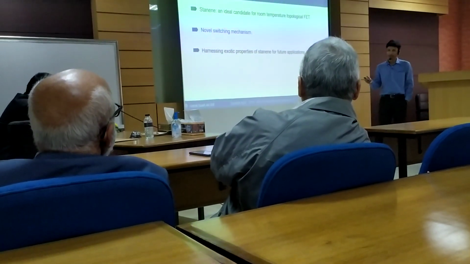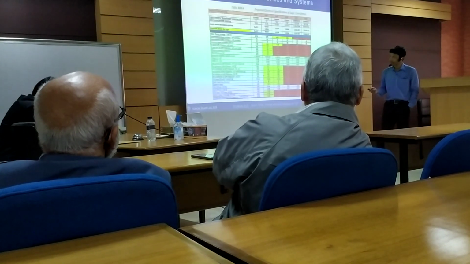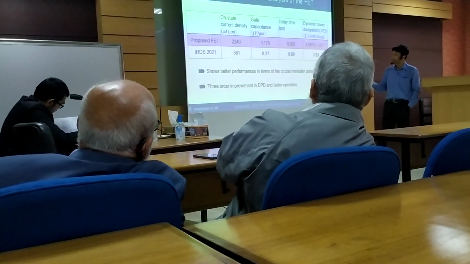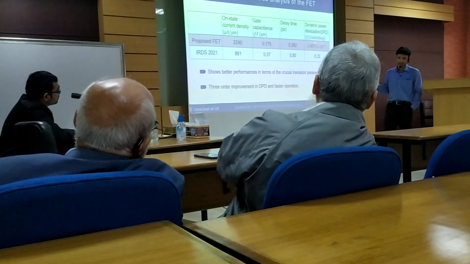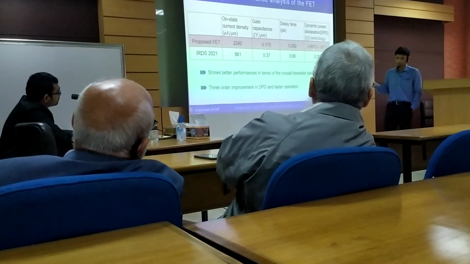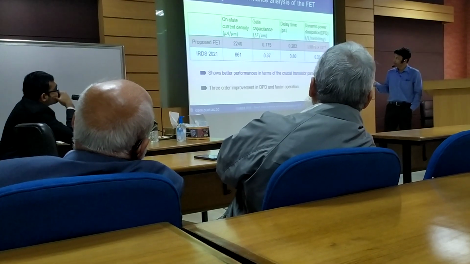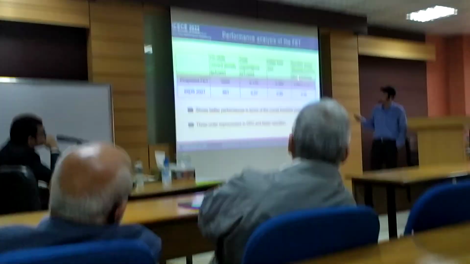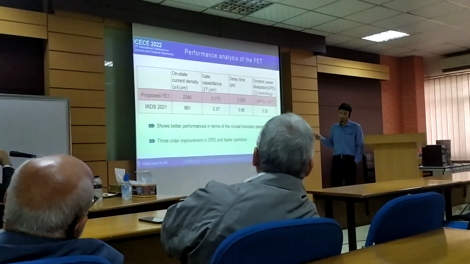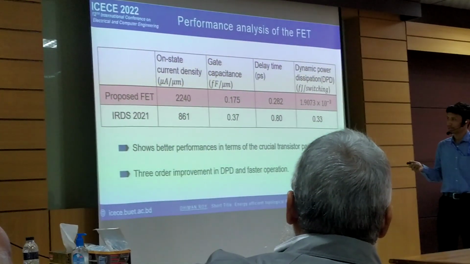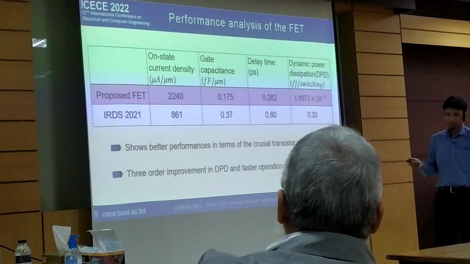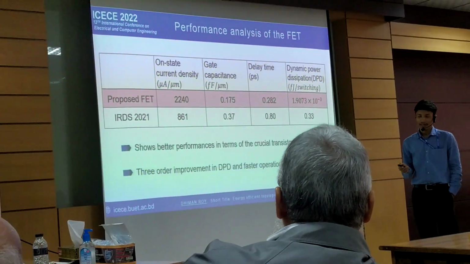So that's why we can find such an ultra low amount of power dissipation, a three-order improvement. And this is in femtojoules per switching. That means from 1 to 0, we will be switching from 0 to 1. So per switching, this kind of femtojoule energy will be consumed here. Because this is topological, this is one manifestation of the novelty of topological insulators. So that's it.